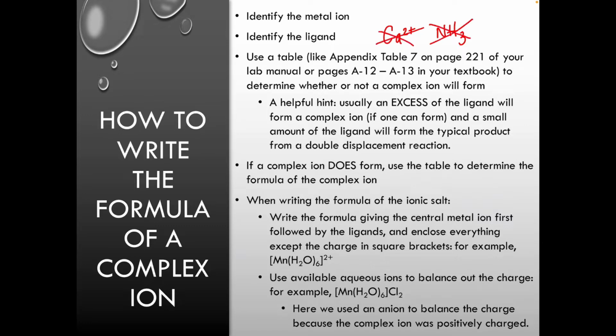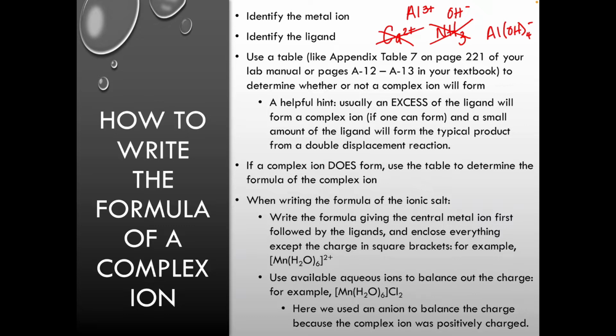So a complex ion doesn't form, because the formula is not on there. But if I looked for aluminum and hydroxide, I would see, oh, there is one. There's this guy that forms. So then you'd be like, I can write a complex ion for that one, right? So use this table to see the available list of complex ions that can form.